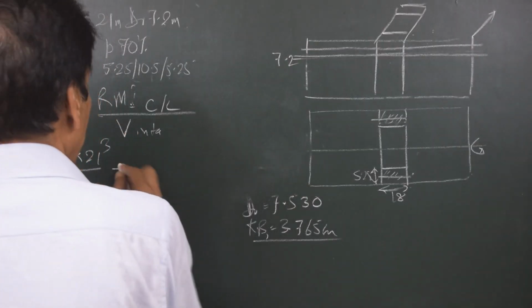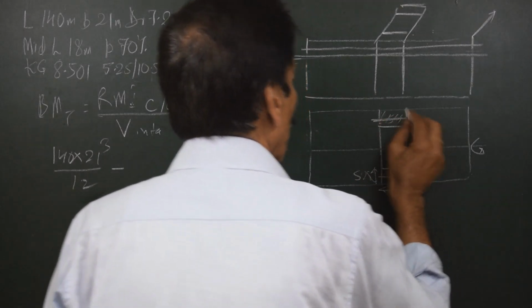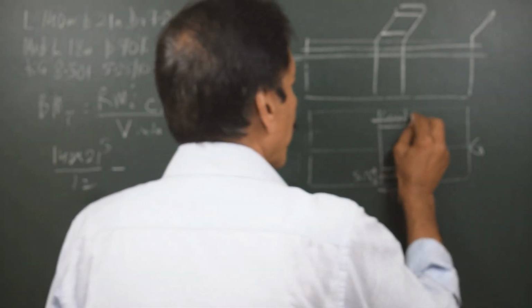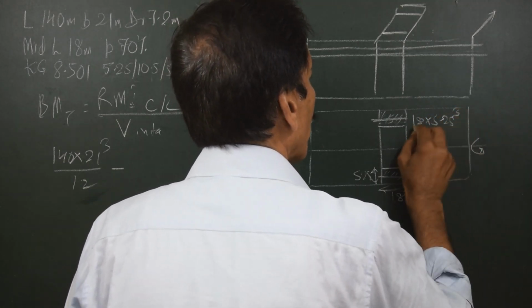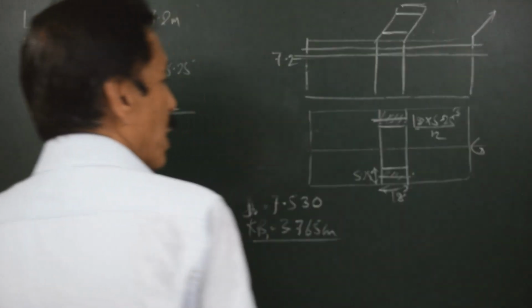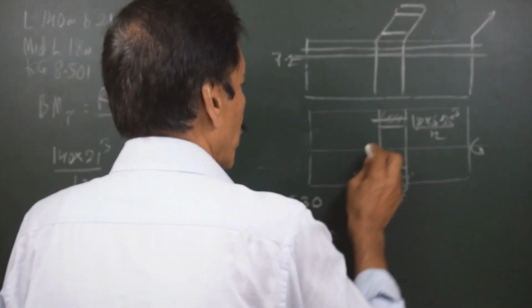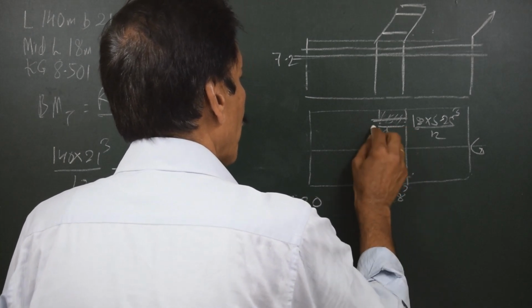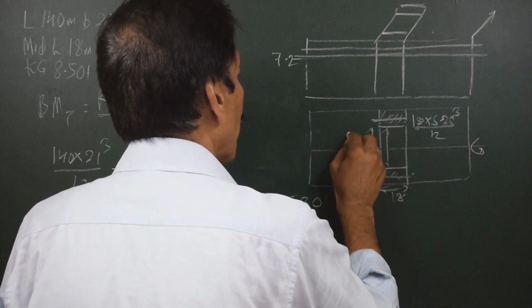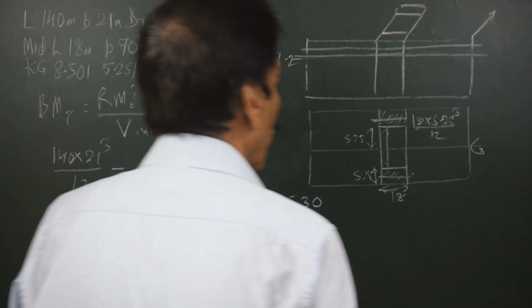We minus the moment of inertia of this portion about its own axis, which is given by 18 into 5.25 cube divided by 12. This is the moment of inertia about its own centroid. Now the width of the middle compartment is 10.5. From here to here is 5.25, and from here to here is half of 5.25.